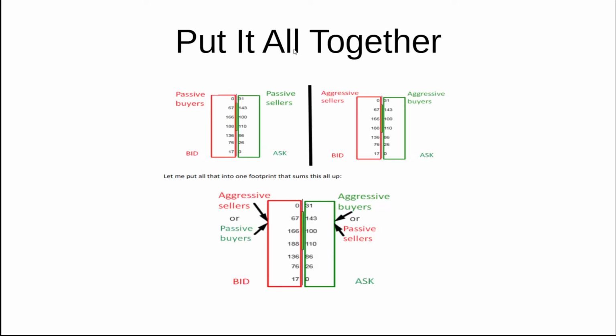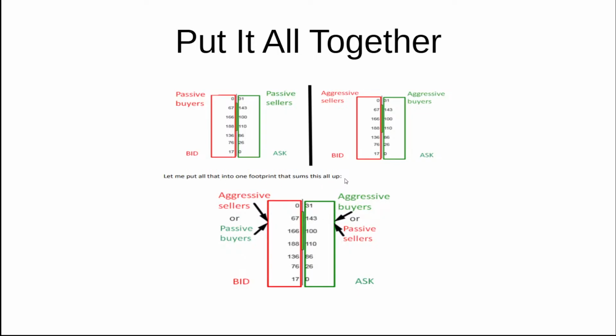So to put this all together, on our bid side, we have our passive buyers, and on the ask side, we have our passive sellers. On the bid, we also have aggressive sellers, and on the ask, we also have aggressive buyers. If it was as simple as buyer-seller, trading would be so simple that everybody would be insanely rich.